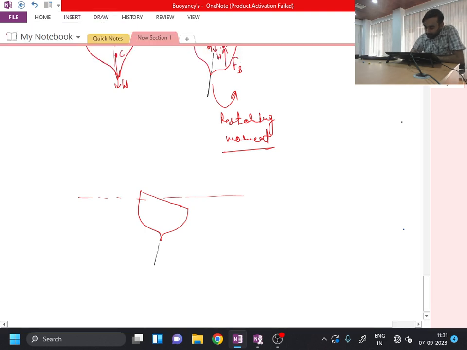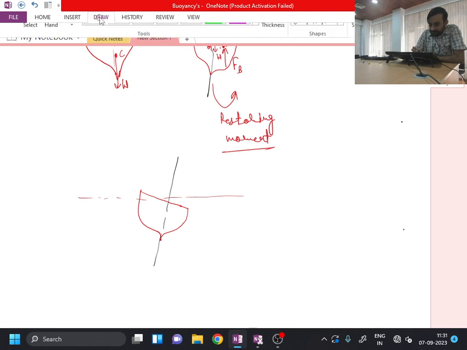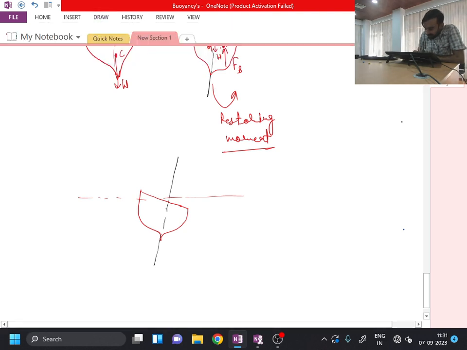This will be my older line of action, and say my centroid has reached this point, okay, and say this is the point B double dash of the new center of buoyancy. So in this situation, the buoyancy force will act over here and weight will act over here. And this point over here, the intersection of the two, will be nothing but my metacenter M.